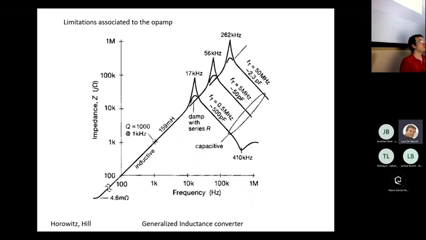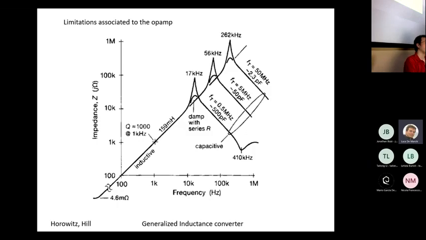So this is true just in a limited frequency range, because the op-amp is typically characterized by the presence of one pole. Well, this extra pole is added to the whole feedback loop.